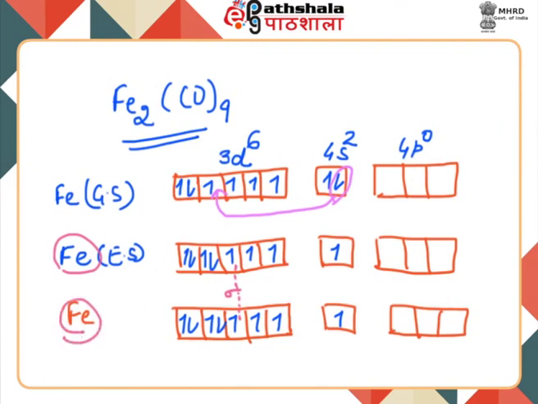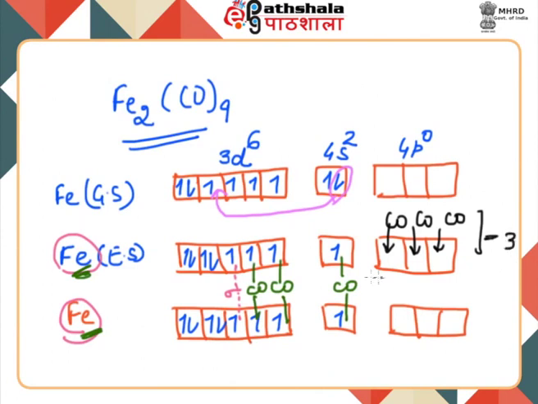And if we see where there will be the bridging carbonyls, there will be one bridging carbonyl here, there will be another bridging carbonyl here, and there will be another bridging carbonyl here. So there will be 3 bridging carbonyls between these two iron atoms. And furthermore, these vacant orbitals, you can see now there will be 3 carbonyls which will be acting as the terminal carbonyls.